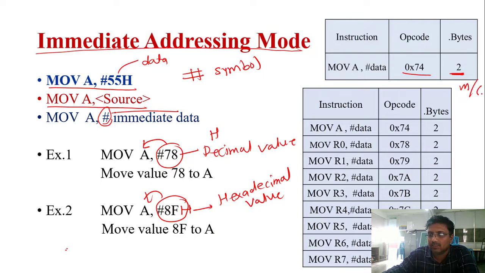Again, there are different opcodes and the data byte required. You can write MOV Rn, #data, with R0 to R7. These are the different registers, so you can load immediate data into the registers as well. Both things are possible with immediate data. One thing I need to explain more.